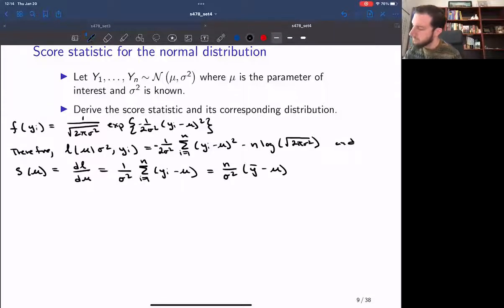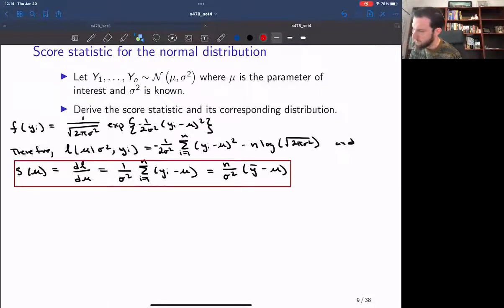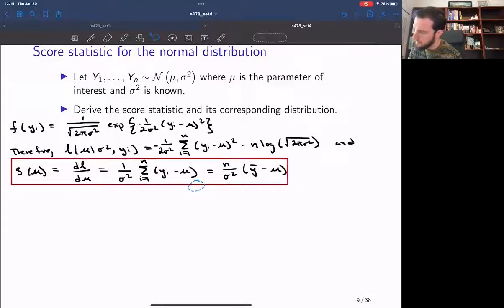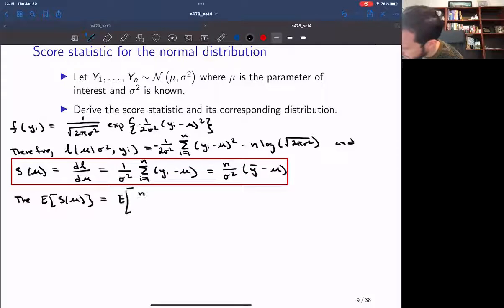Okay. First results. The expected value of S of mu is equal to the expected value of n over sigma squared (y bar minus mu).